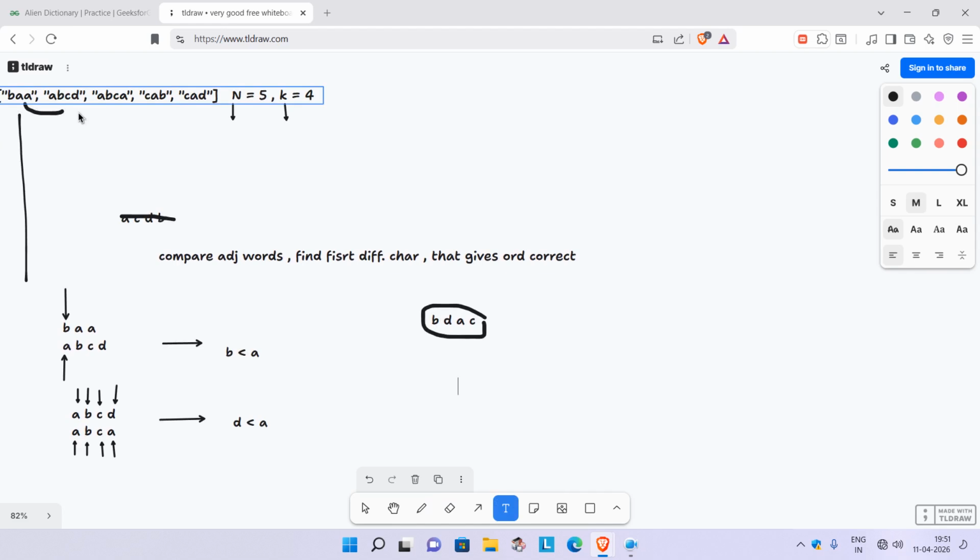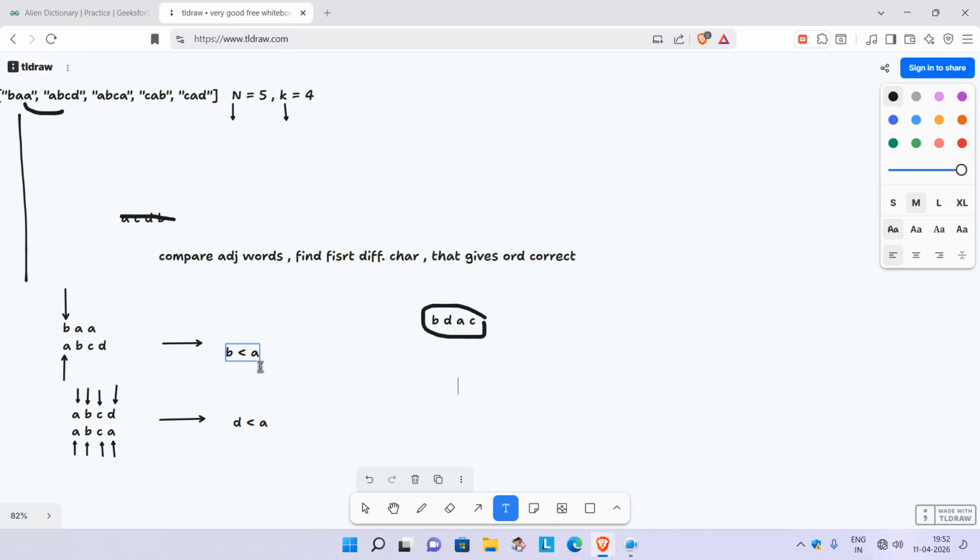Whenever a question asks for something that comes before something, it gives me the idea of topological sort.